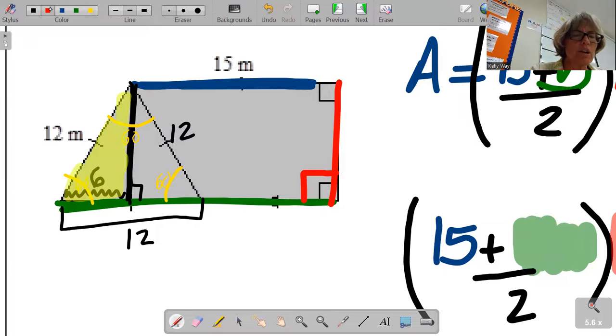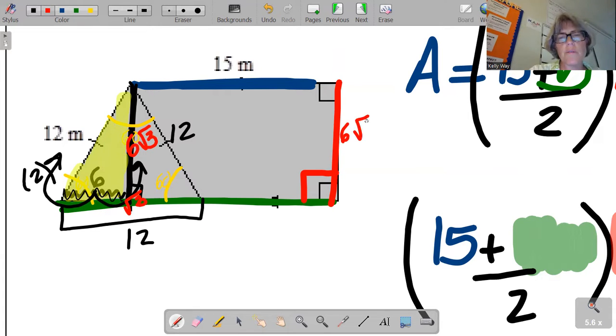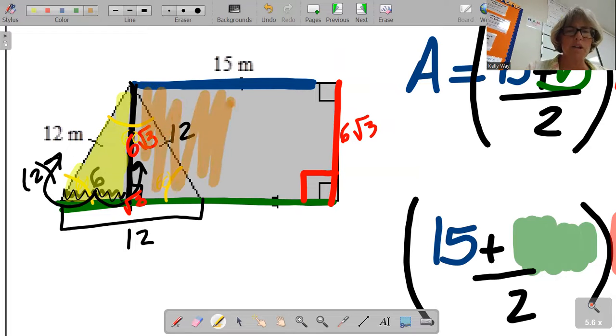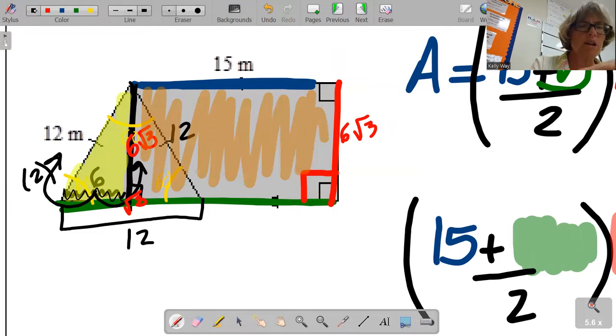So taking a look here, that would mean this black squiggle's the short leg. Short leg to long leg times 2. We already have that. We need to go this way times root 3. And we just found our height. Now, because this is a rectangle, this whole thing's a rectangle, that means from here to here is 15.